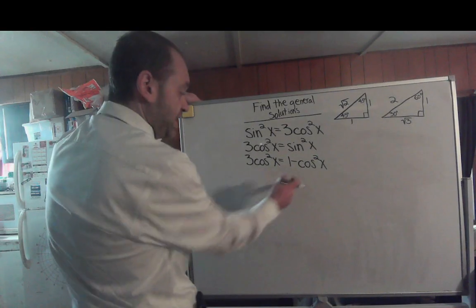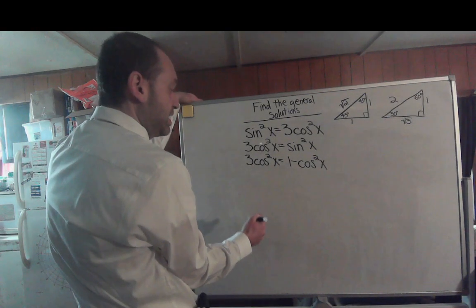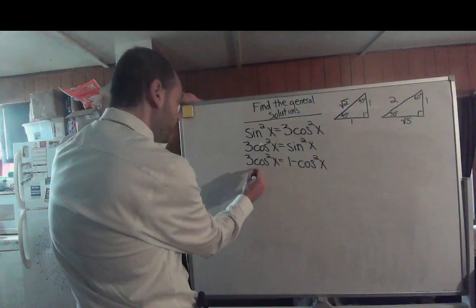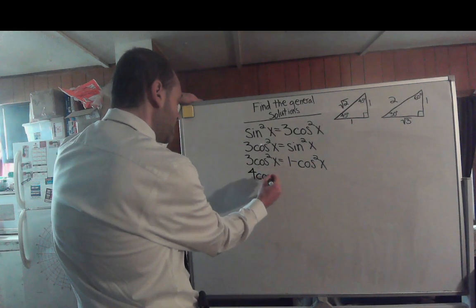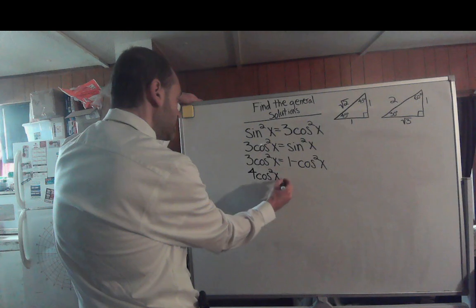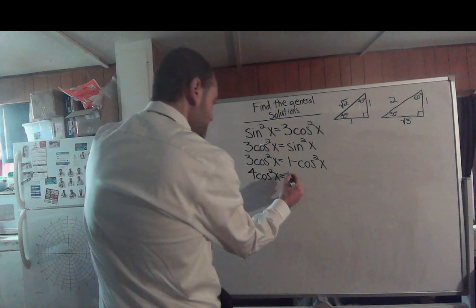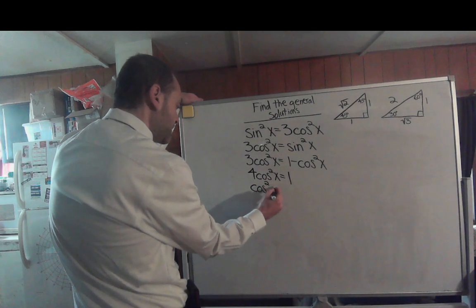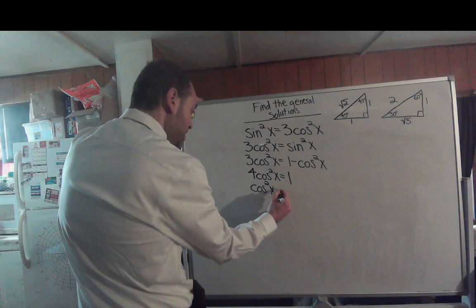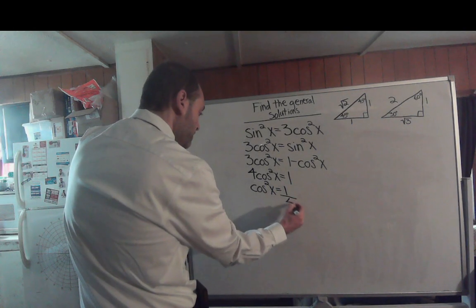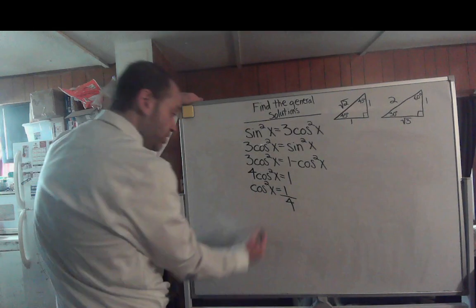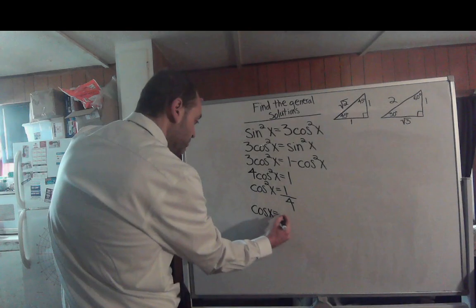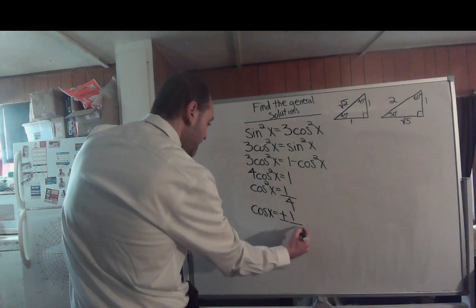Now let's get the right-hand side equal to just 1. That would end up becoming 4 times the cosine squared of x equals positive 1. So the cosine squared of x is equal to 1/4, which would turn into the cosine of x equals both plus and minus 1/2.